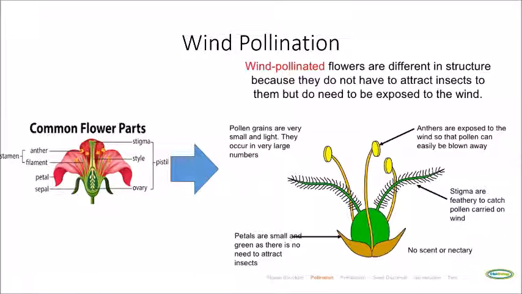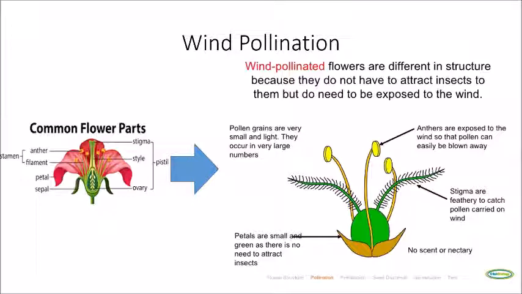Their flowers are very small and not noticeable. They're also not going to have a scent, and in addition to that, you're not going to find any nectar on these plants. Once again, wind pollinating plants rely on the wind to help their pollen grains travel. They're not trying to attract any insects, so they don't need petals with vibrant colors.